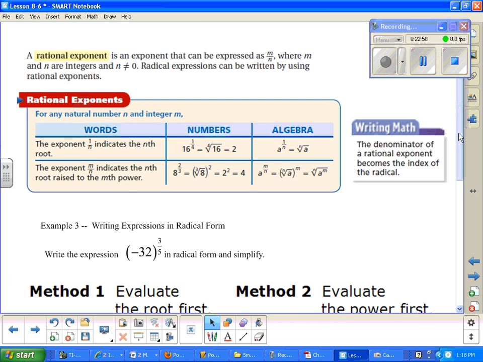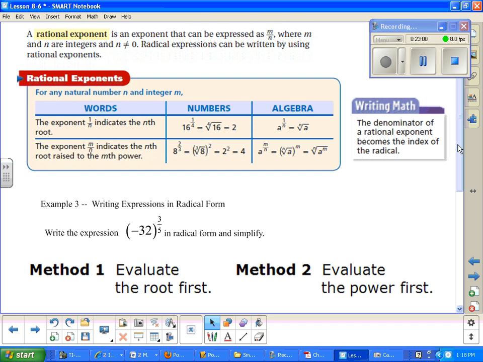Rational exponents just mean we have a fractional exponent. 16 to the 1/4 power. When you have a rational exponent, the denominator is the index. The numerator is the power under the radical.